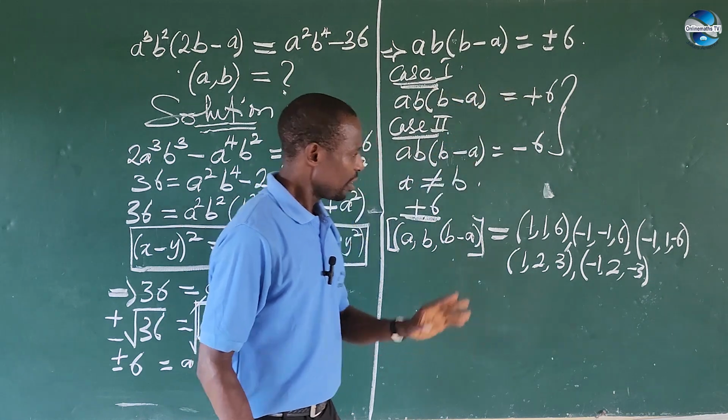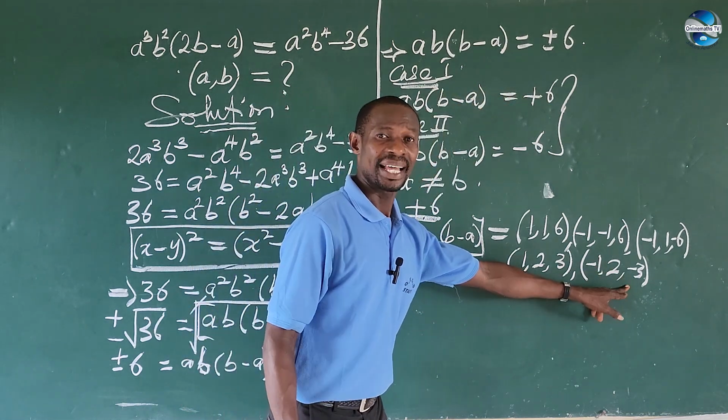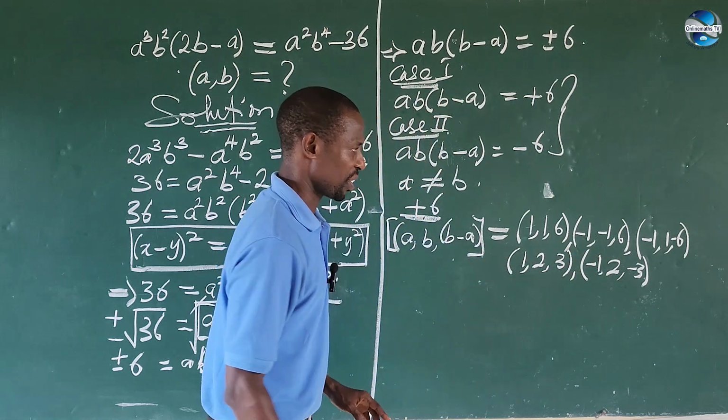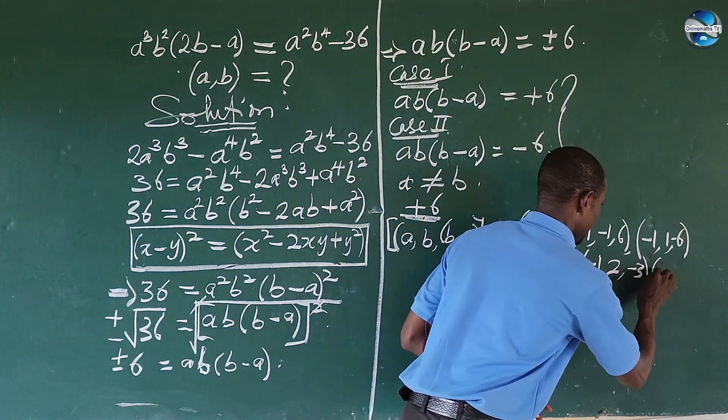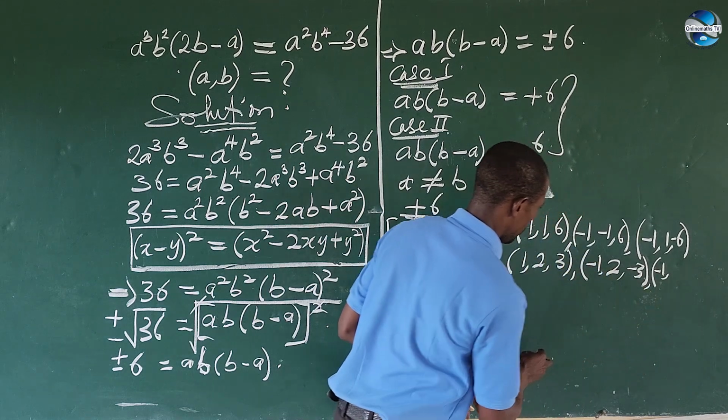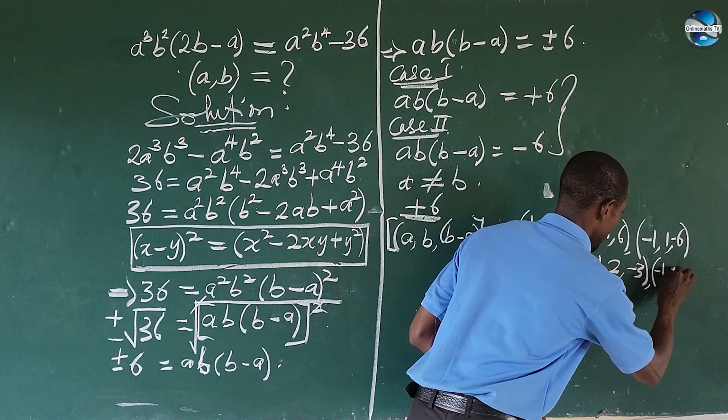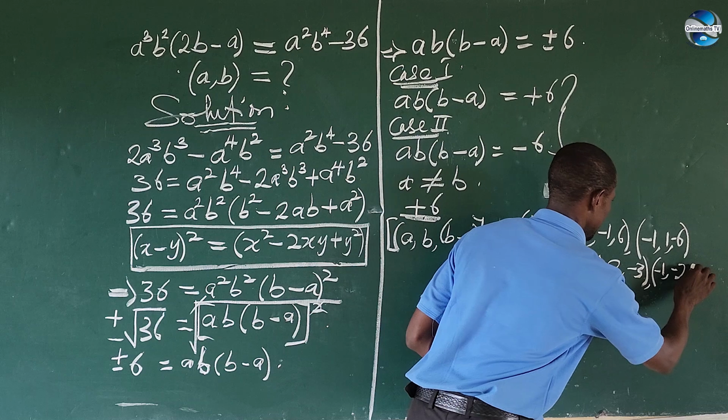All right, then we can equally get another factor that will satisfy this expression. And what could that also be? That will give us minus 1, comma, minus 2 and 3.